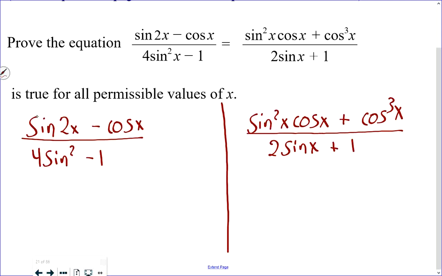I hope that everybody sees there's only one thing, and I forgot my x here. There's only one thing we can do in terms of identities here, and it's to change that sine of 2x to 2 sine x cos x.